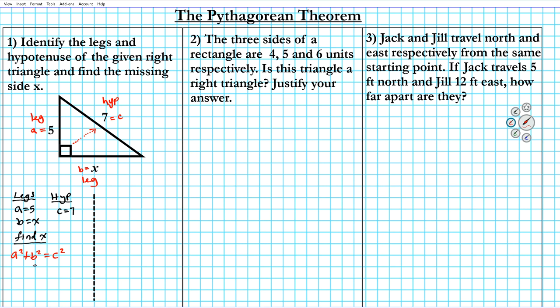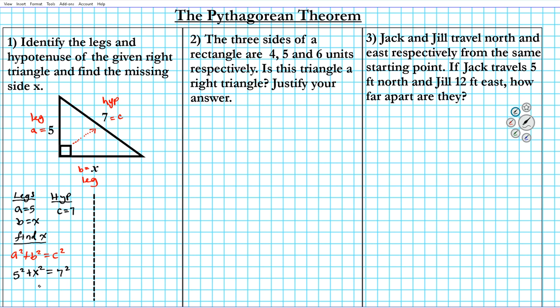The sum of the squares of the two shorter sides is equal to the square of the longest side. Let's substitute what we have into that equation. a squared is 5 squared, plus b squared, which is x squared, equals c squared, 7 squared.